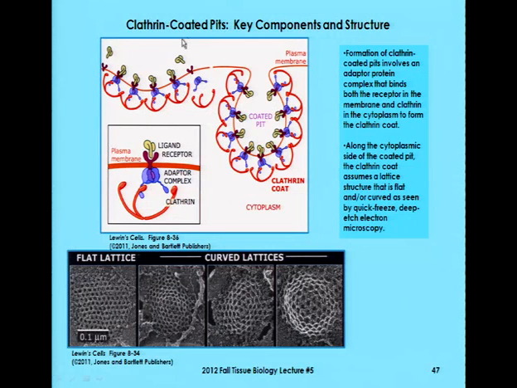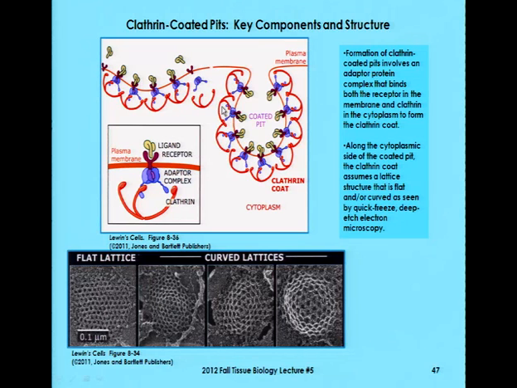Well, here we're seeing some of the major components that are important for the formation of the coated pit and the coated vesicle. The important proteins are the receptors that are binding a specific ligand, and then there's an adapter complex that binds to the receptor and at the same time binds to clathrin, which is the major coat protein of the coated pit and coated vesicles.